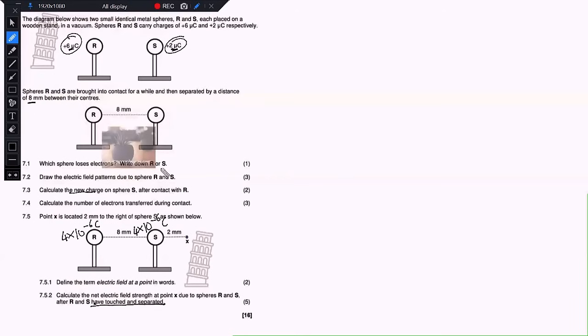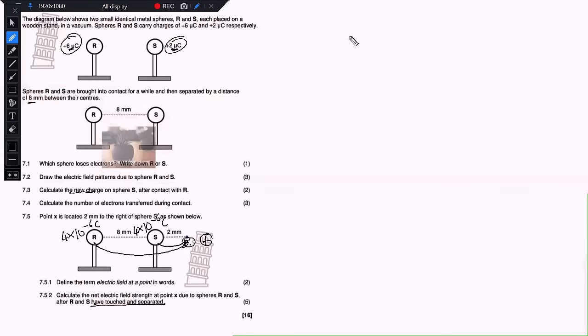Okay, so now we do understand that when it comes to calculating the electric field at a point, all the charges must be in reference to the point charge. So this will be the relationship of sphere R all the way to point X, and the relationship of sphere S all the way to point X. But then X here is a point charge, and a point charge is always positive, right?